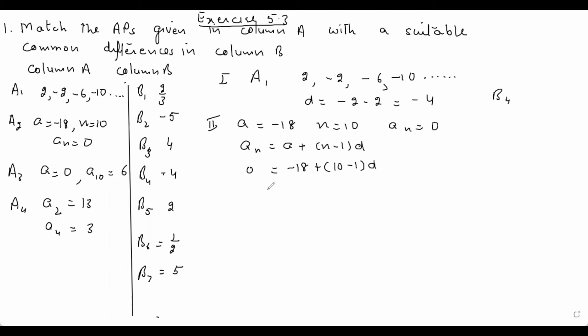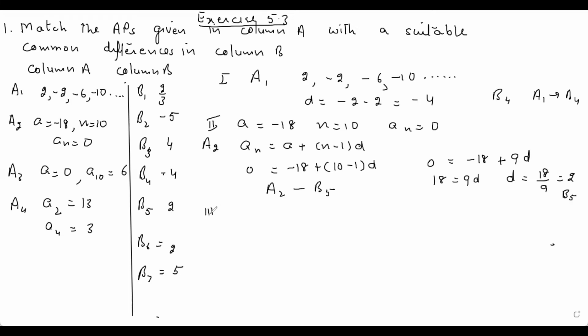I am to find d. It means 0 is equal to -18 plus 9d. So 18 is equal to 9d. It means d is equal to 18 by 9, that is equal to 2. So B5 is the answer. So A2 matches with B5.